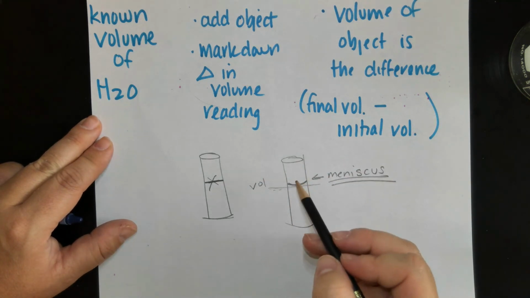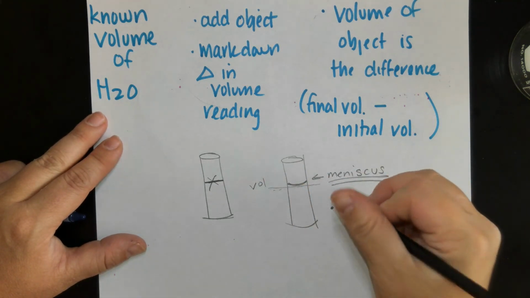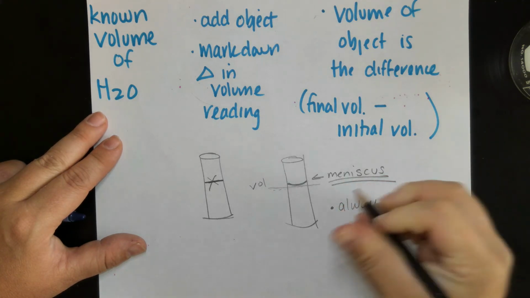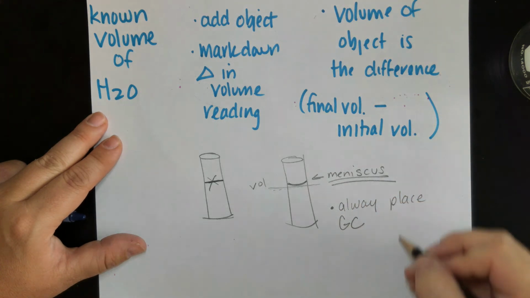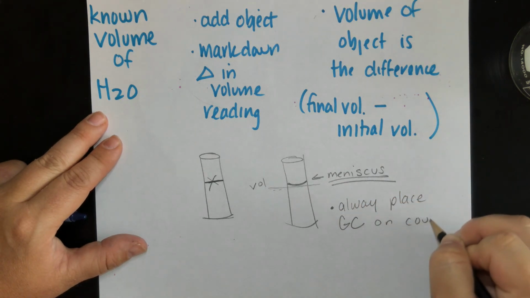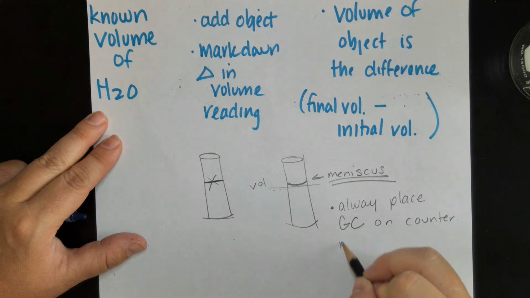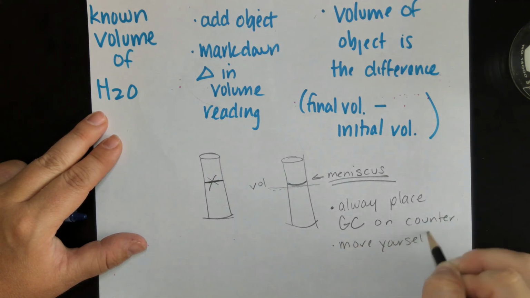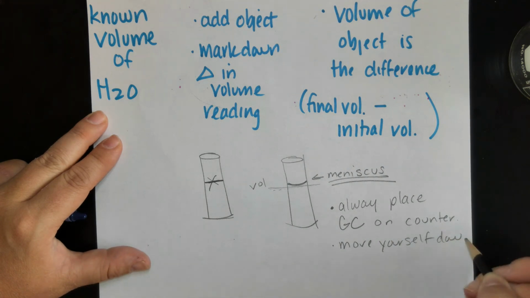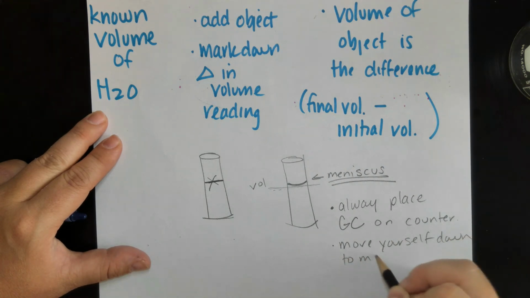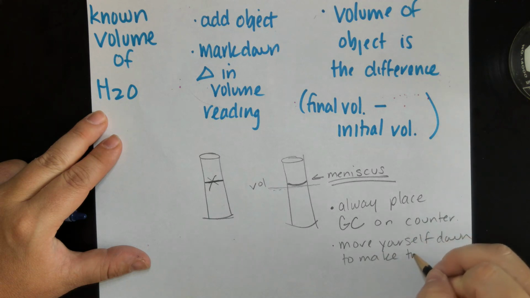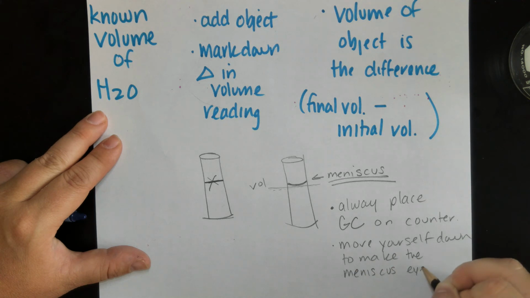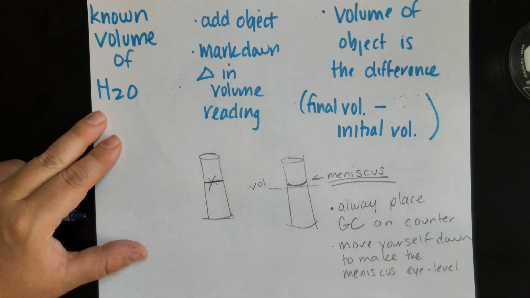Okay, when you are measuring volume with a graduated cylinder, always place the GC, my graduated cylinder, on the counter. Move yourself down to make the meniscus eye level, okay?